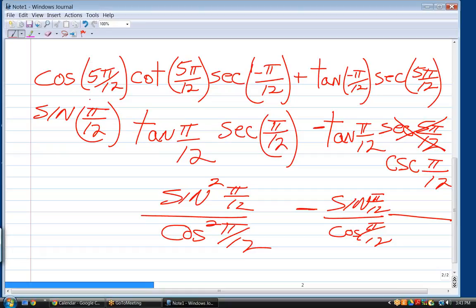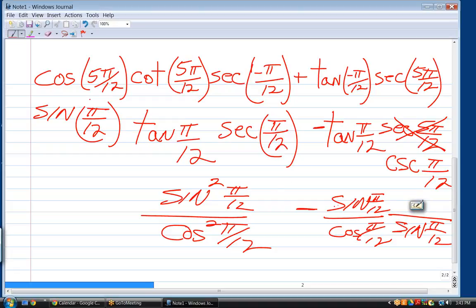Remember, there can only be one co in that relationship. Whether it's cofunctions or reciprocals, you don't ever want more than one co, and you always want at least one co. So that was in the numerator, so it becomes the sine of pi over 12 in the denominator.